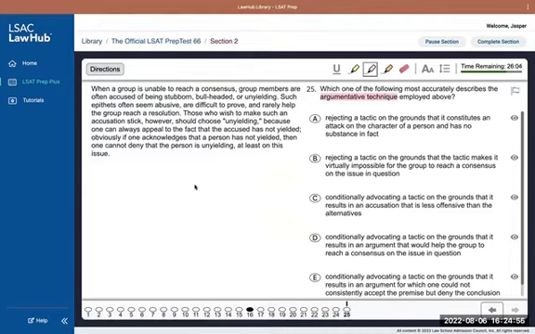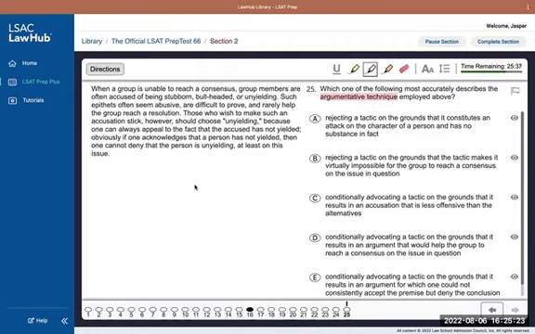When a group is unable to reach a consensus, group members are often accused of being stubborn, bullheaded, or unyielding. Such epithets often seem abusive, are difficult to prove, and rarely help the group reach a resolution. Those who wish to make such an accusation stick, however, should choose unyielding, because one can always appeal to the fact that the accused has not yielded.